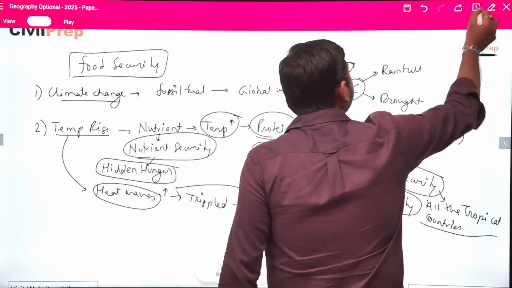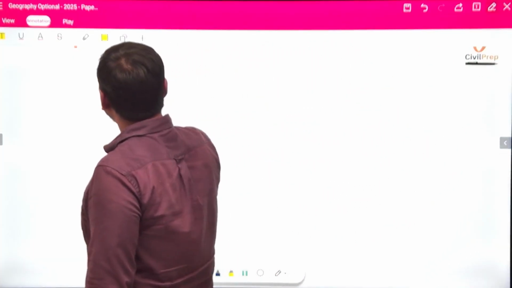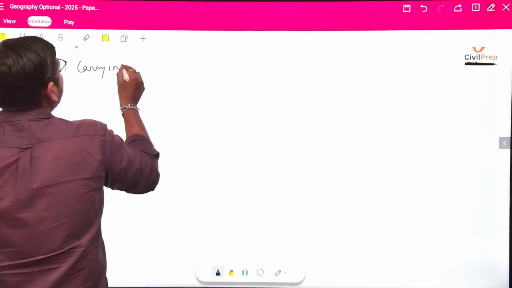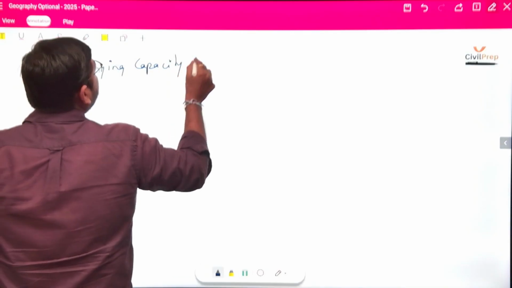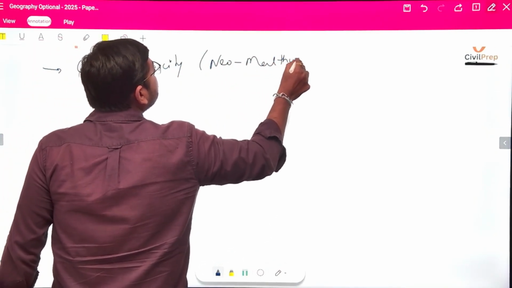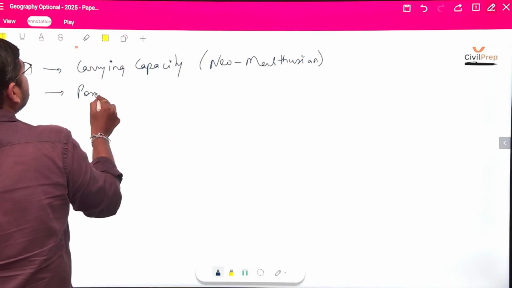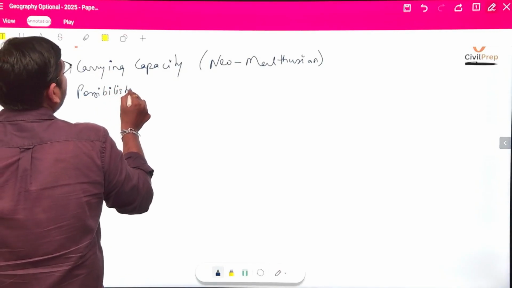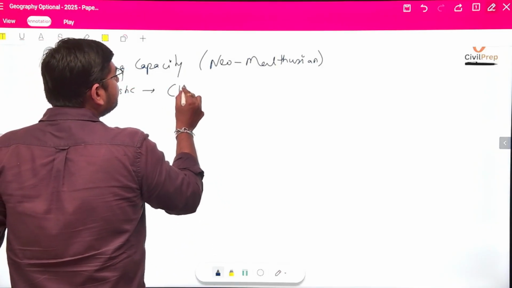So this we can take up in the conclusion, or the way forward, where we look at the principles of carrying capacity, that is the Neo-Malthusian approach. Then, in terms of possibilism, we can have climate smart agriculture.